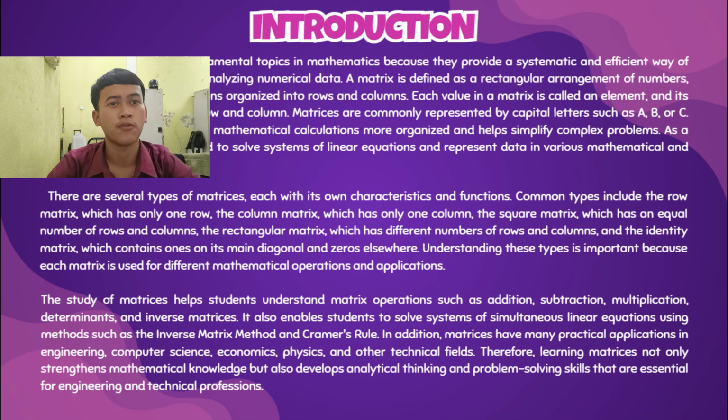There are several types of matrices, each with its own characteristics and function. Common types include the row matrix, which has only one row, the column matrix, which has only one column, the square matrix, which has an equal number of rows and columns, the rectangular matrix, which has a different number of rows and columns, and the identity matrix, which contains one on its main diagonal and zeros elsewhere.